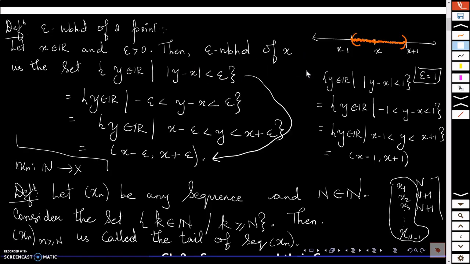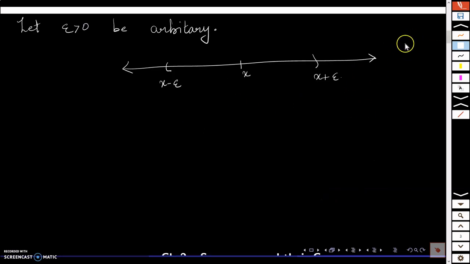When I say tail of the sequence, what do I mean by that? If I can find one natural number capital N such that the terms after x capital N, that is the terms x capital N plus 1, x capital N plus 2, all these terms, it is possible for me to put all these terms inside this neighborhood, xN, xN plus 1, xN plus 2, then xN plus 3 somewhere here, xN plus 4, and so on.